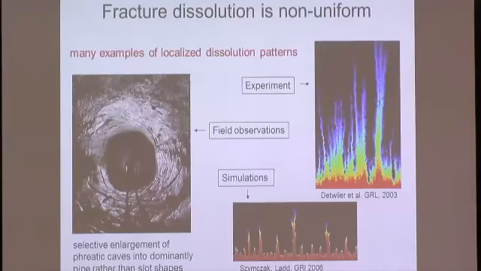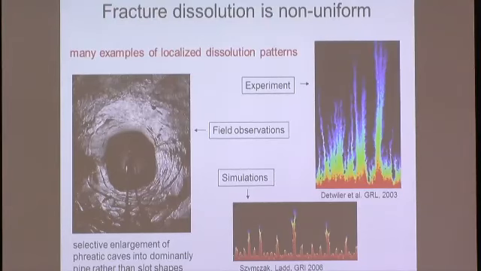These are our simulations, and this is the top view. The colors denote the aperture change. The reactant is coming, on this figure, from below, so the flow goes from down to up.